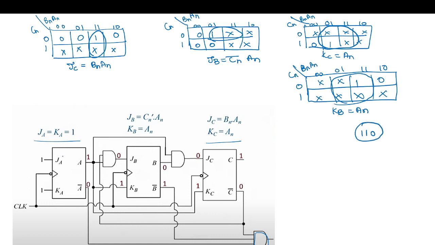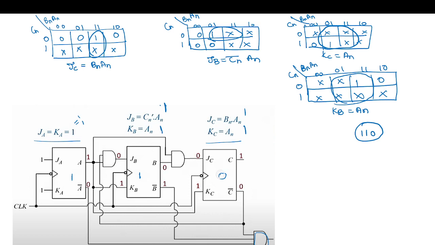Then the previous states of the flip flop, say 1, 1, 0. Then this is 1, 1. This is 1, C is 0. So this is 1. An is 1. AB is 1. This is also 1. Is it correct?